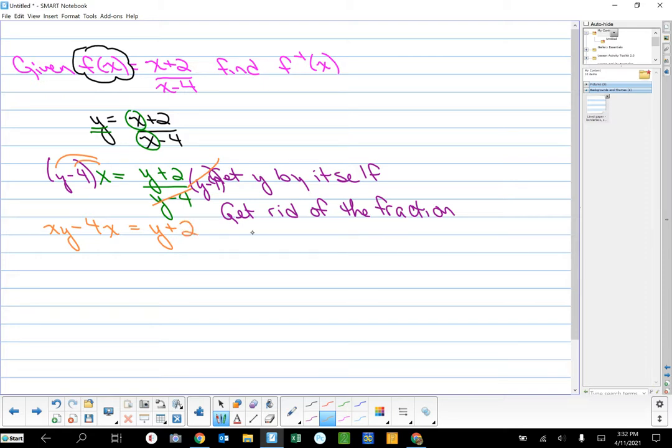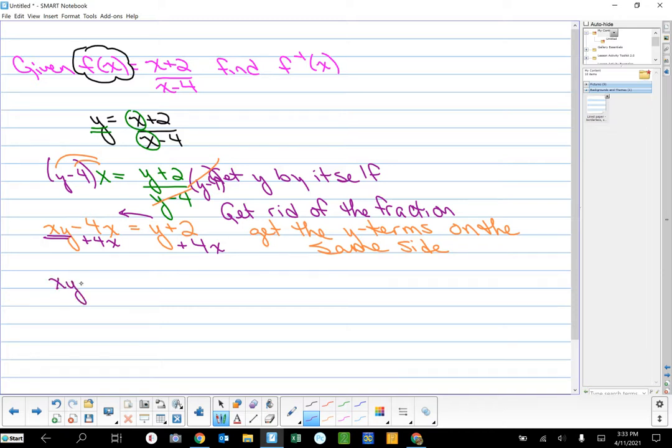Okay. Now I want to get the y terms on the same side. I'll keep this guy here and move this guy over. That means I'm going to add a 4x and add a 4x over here and move this y over, so it's going to become negative.